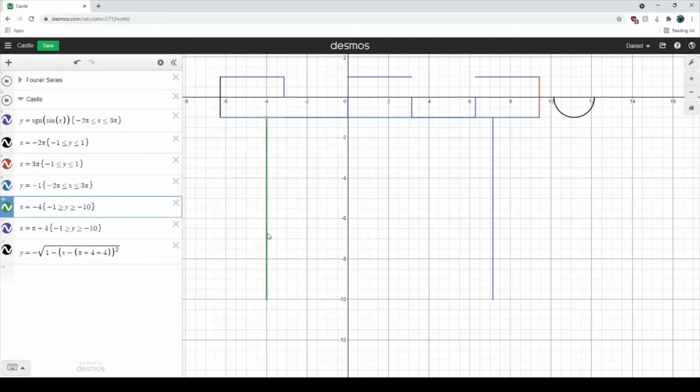This is pi plus 4. This is 4 over here. So that value is 8 plus 4, but we want half of that. And here's a trick on how you can get a fraction. Let's say I did this. You can highlight it and then do a division. So take the average of the two.